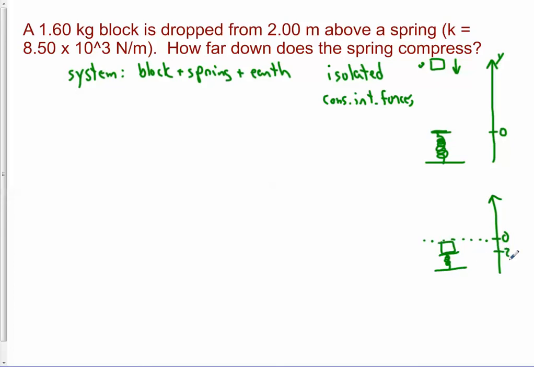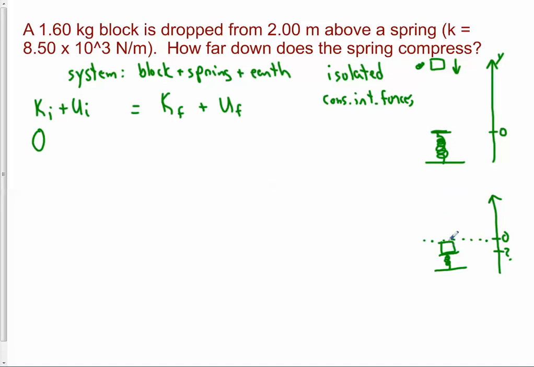And that's what we want to know, right? We want to know how far it got compressed. Okay, so the mechanical energy in this picture equals the mechanical energy in this picture. All right, so Ki plus Ui equals Kf plus Uf. This is another example where it's the kinetic energy at the beginning. If the block is just dropped, that would be 0.